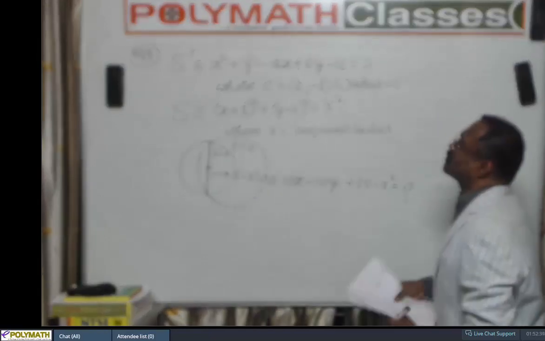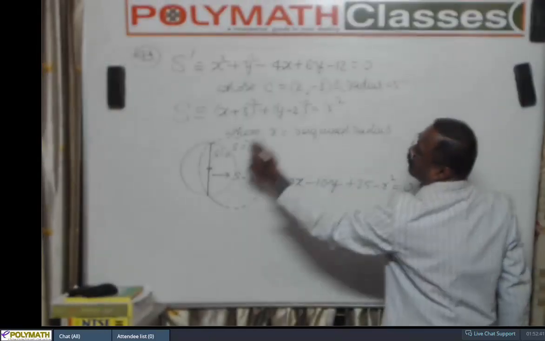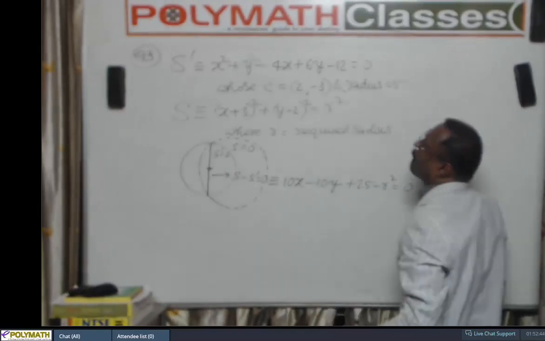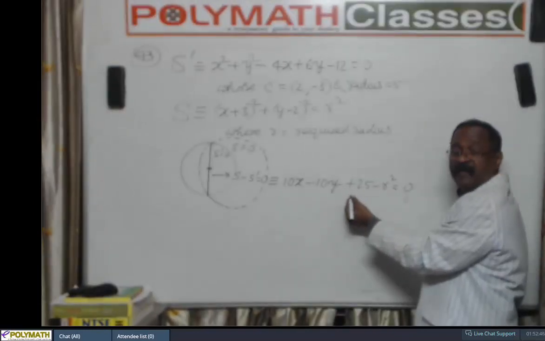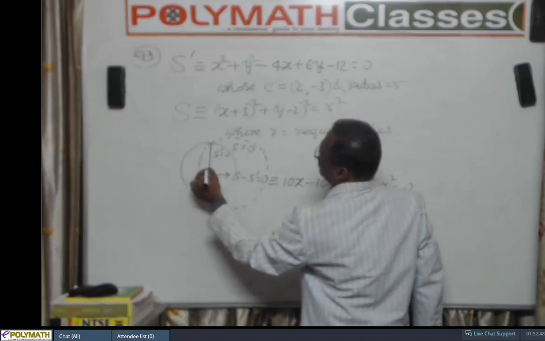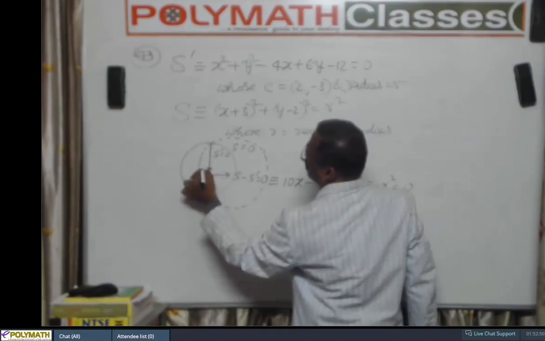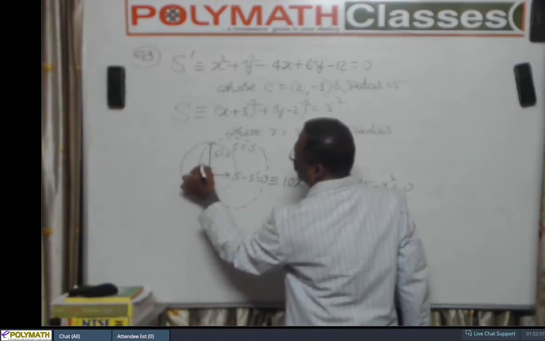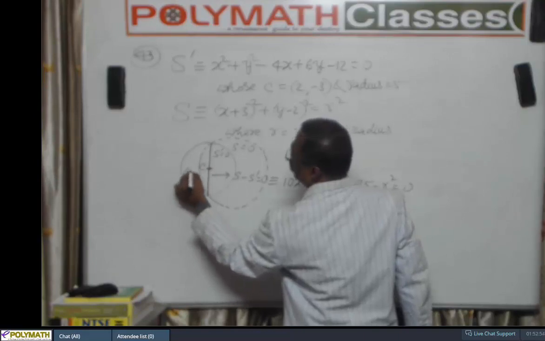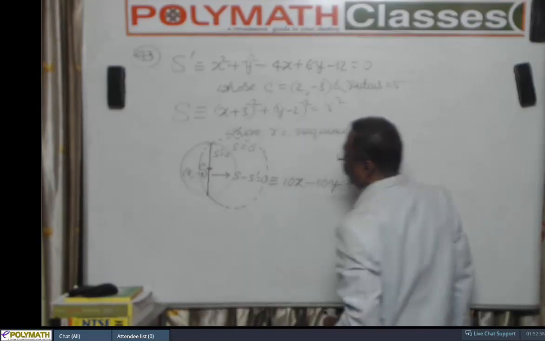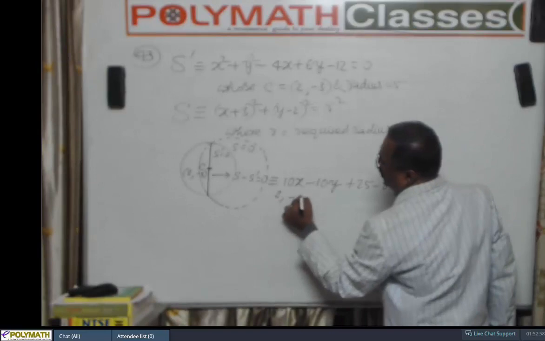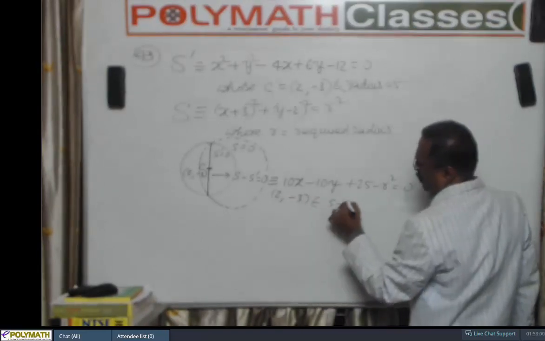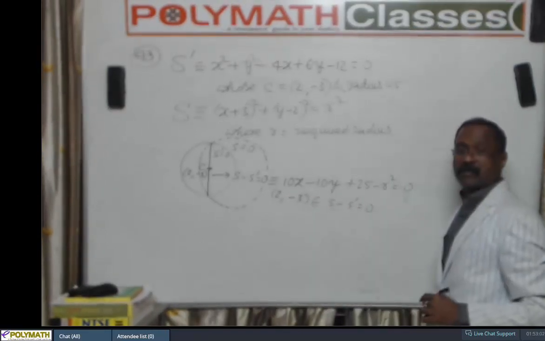And hence this center must satisfy this equation. This is the center here. What is the center of this circle? C is nothing but 2 comma minus 3. So 2, minus 3 belongs to S minus S dash equal to 0.